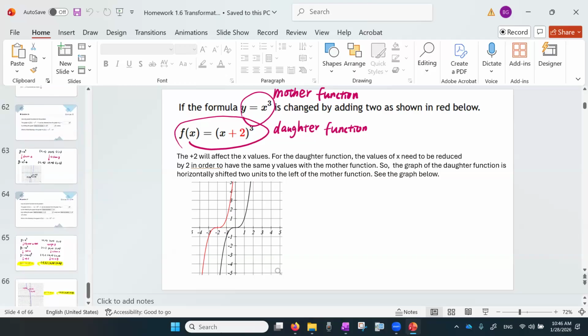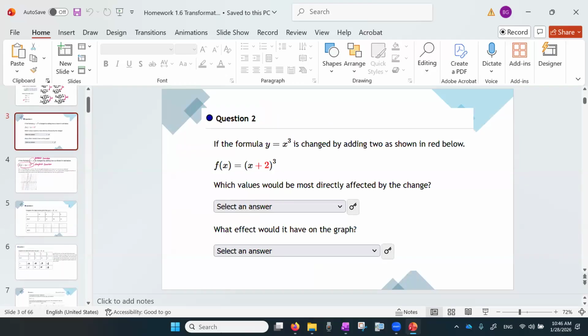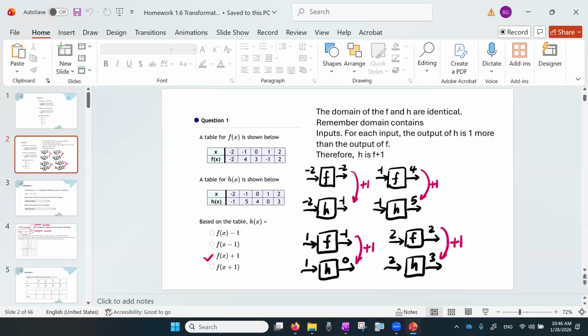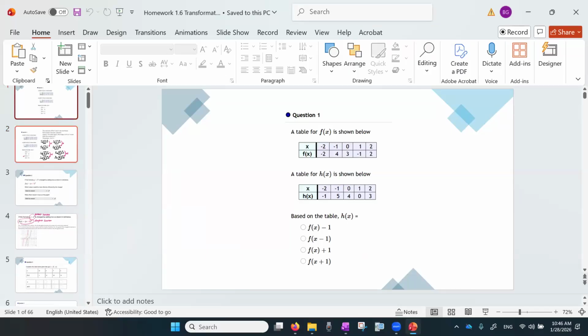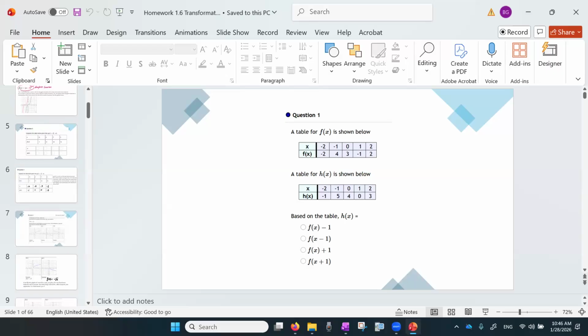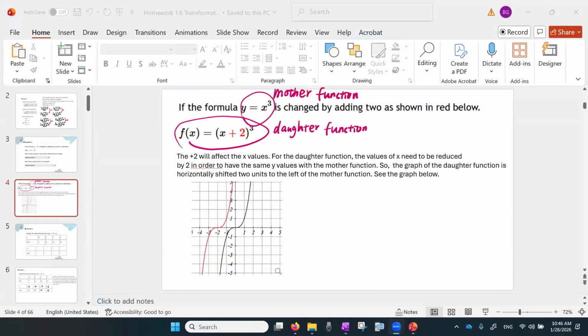It took me many hours, but I have it in great detail. This is 1.6 transformation. Yeah, parent, I write mother function, daughter function.